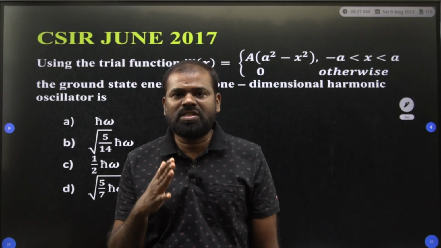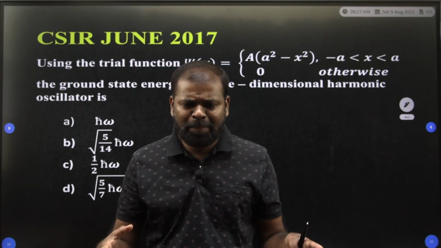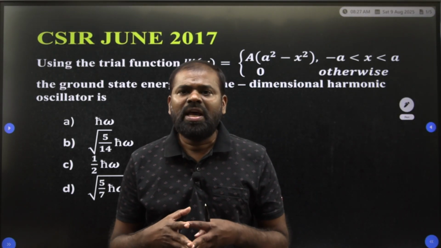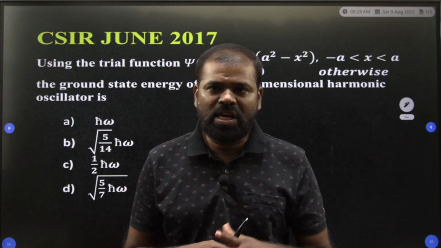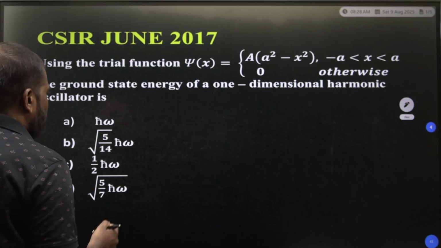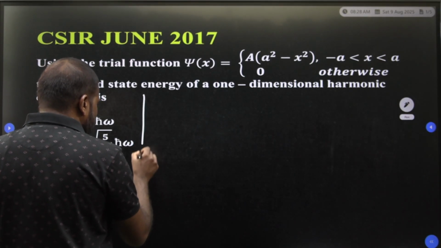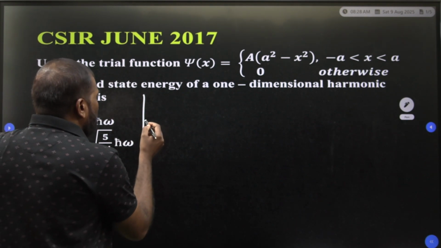This question was asked in CSIR June 2017. People regularly ask such questions in the CSIR GATE examinations. Using the trial wave function they are giving, CSIR June 2017 this question was asked.